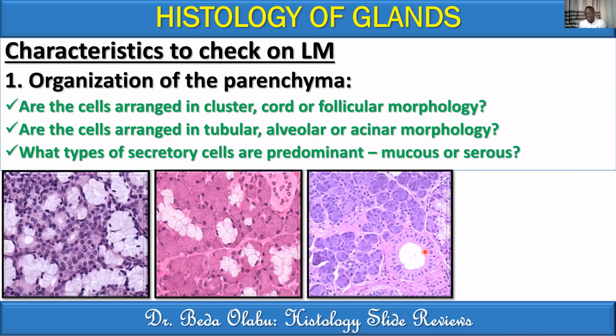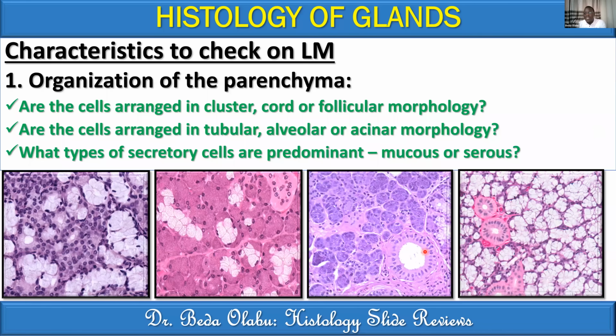Lastly, in the last image, we see acini which are predominantly mucus. So the only things which are staining in this particular slide are actually only those ones. Yes, they are serous, but those ones are not acini, as you can see. They are ductal portions as well.